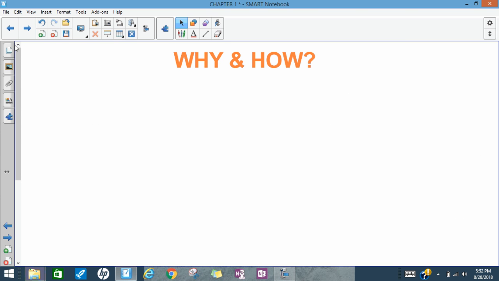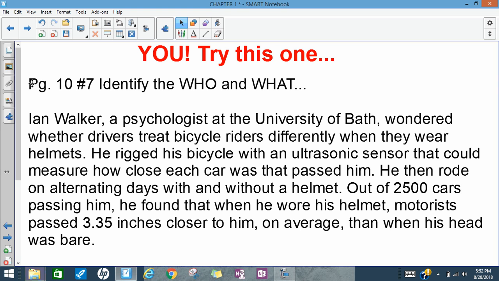So we also like to know the why and the how, and we'll get to that in the future. How we collect information, how we gather data, is a very important topic. And then, of course, why we gather data is something that we can discuss in the future as well. So what I would like you to do right now, and hopefully you've been pausing when you need to, I'd like you to pause right now.